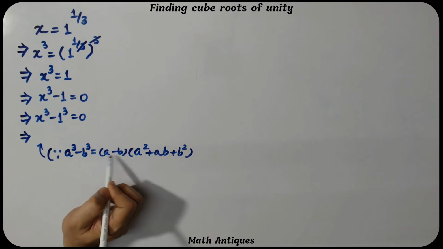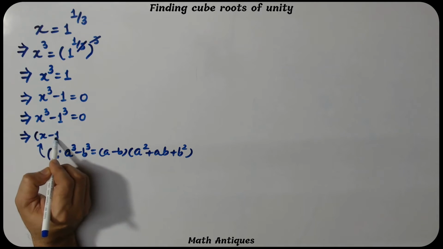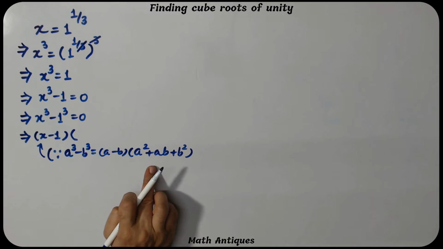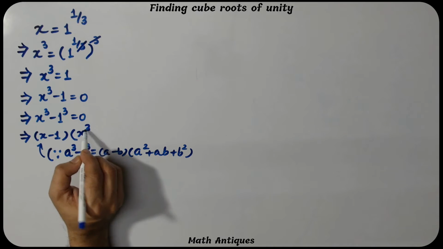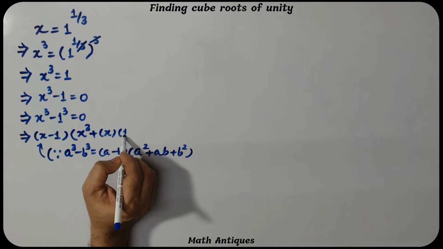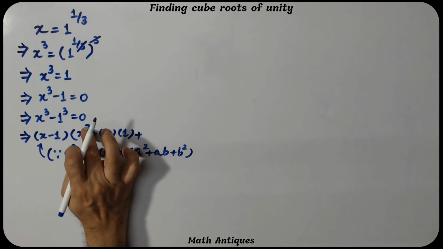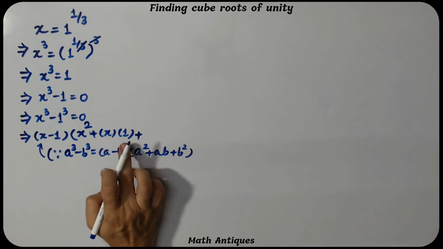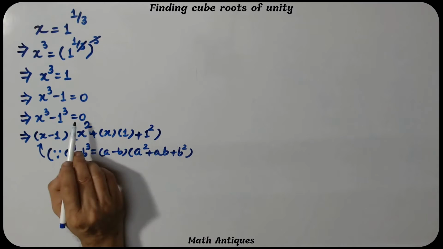So the first term will be a minus b. That means it will become x minus 1. In another bracket, it will become a square plus ab plus b square. So that will become x cube plus x into 1, not x cube, but it is x square plus x into 1 plus b square, that is 1 square, and again is equal to 0.